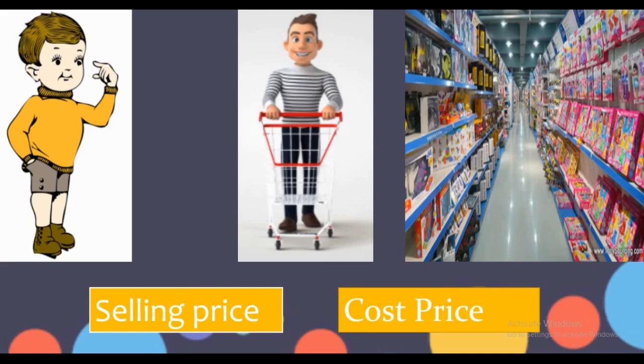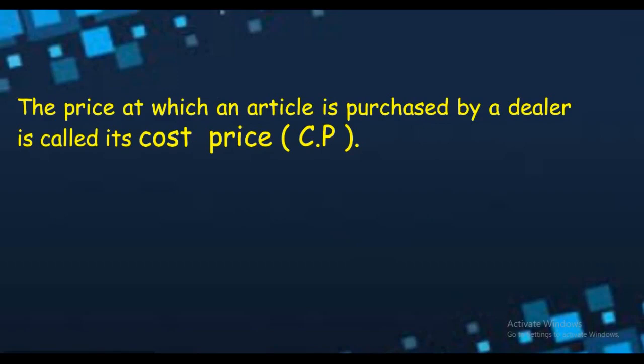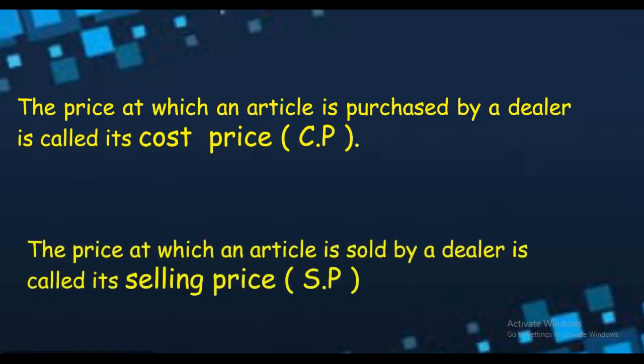Let us define selling price and cost price. The price at which an article is purchased by a dealer, it is called the cost price, and the price at which an article is sold by the dealer, it is called selling price.